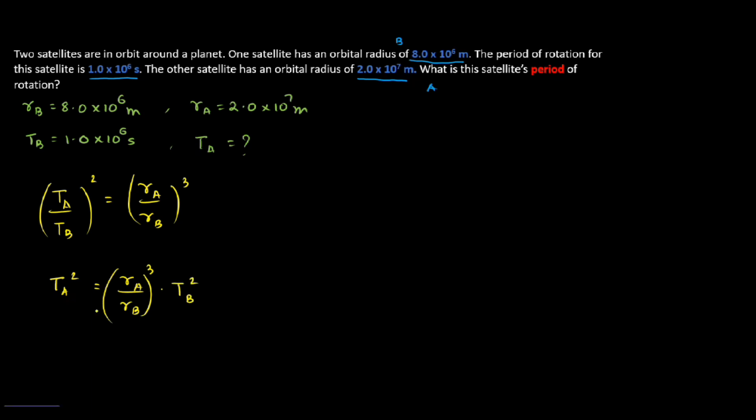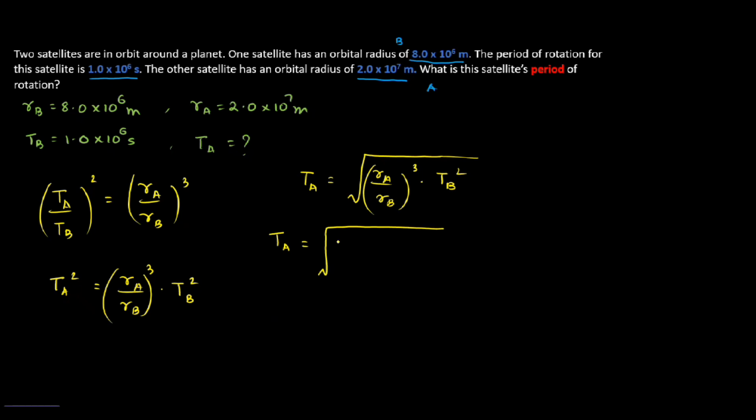I want to find TA, not TA squared. So to find TA, we need to take square root on both sides. We write TA equals square root of RA over RB cubed into TB squared.